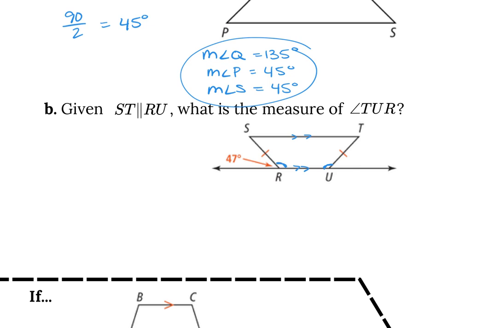They tell me the exterior of that angle is 47, so I'm going to take 180, subtract the 47 from that to get 133 degrees. So the measure of angle TUR would be 133 degrees. Because this is also 47, which means this has to be 133, and this has to be 133.